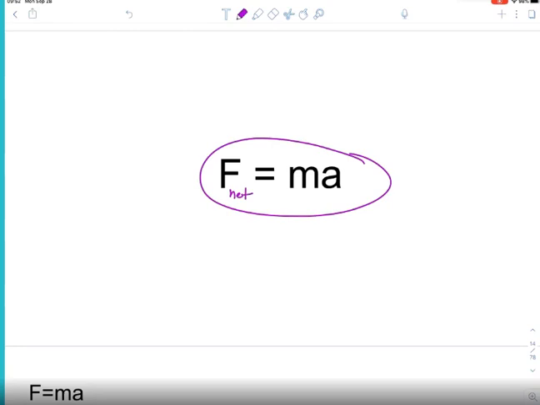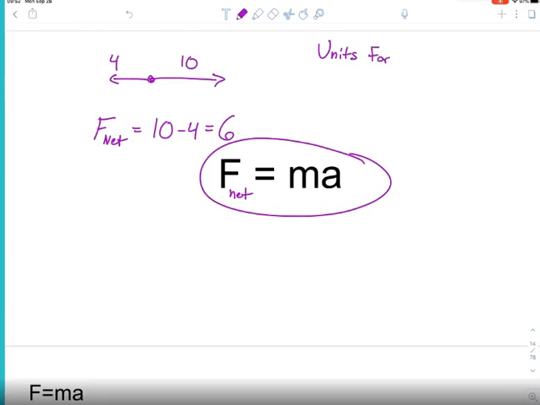And what that means is if you had 10 newtons of force going to the right and 4 newtons going to the left, then your net force would be 10 minus 4, which would give you 6. The units for force are newtons, which is a capital N.